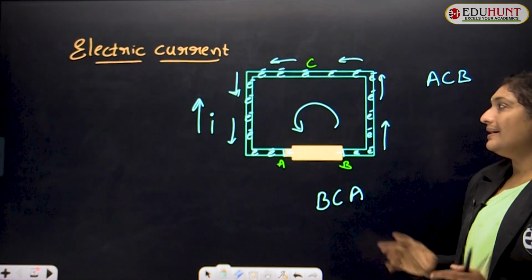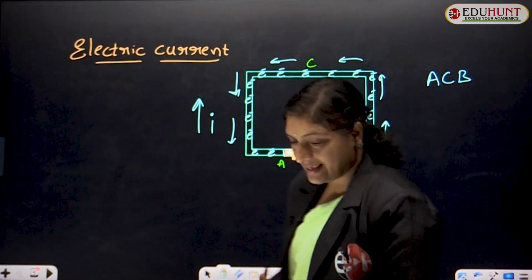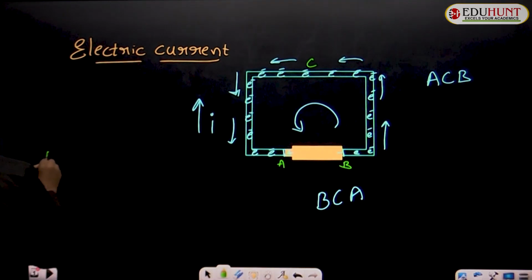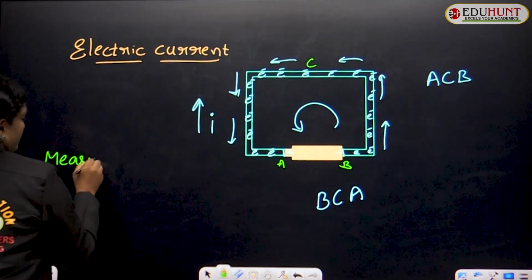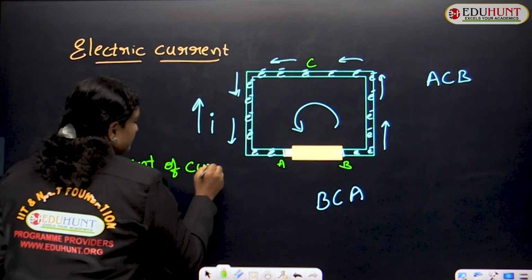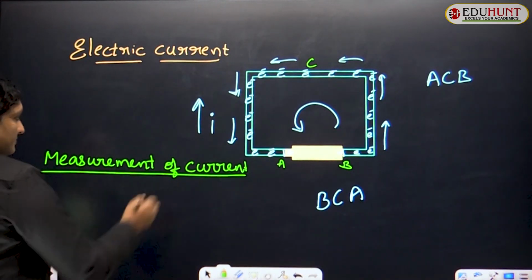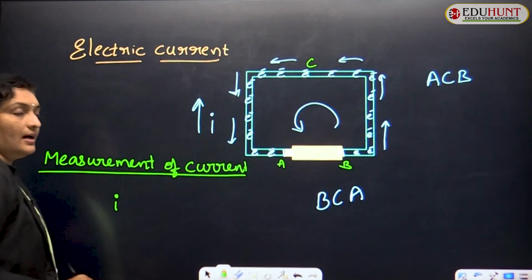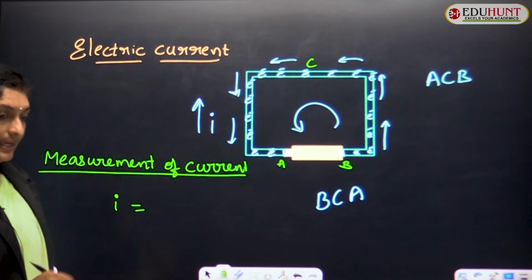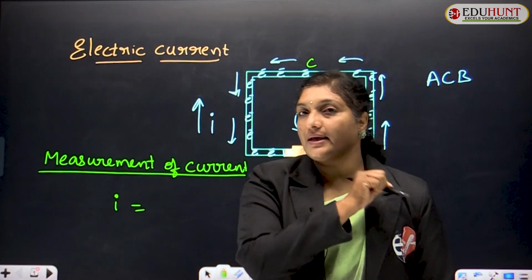Now let us try to understand how this current is measured. The next topic is the measurement of current. Current is generally indicated with the letter I. Current is the amount of charge flowing per unit time.